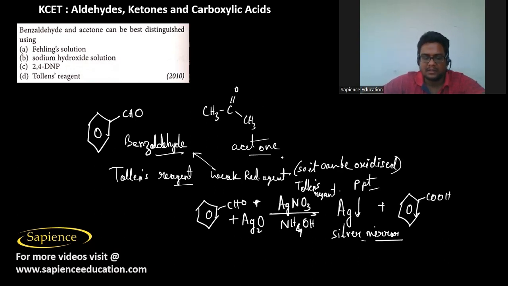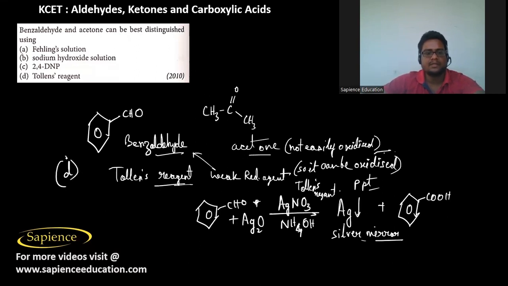But here the acetone is not easily oxidized with the Tollens reagent, so it will not give the Tollens test. So hence option D is the correct answer. By Tollens reagent only we can distinguish between benzaldehyde and acetone.